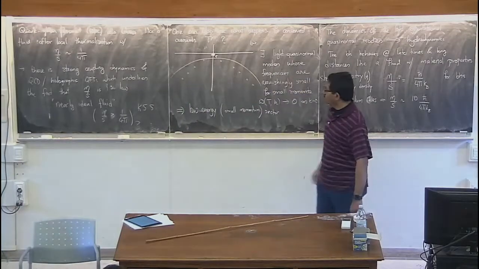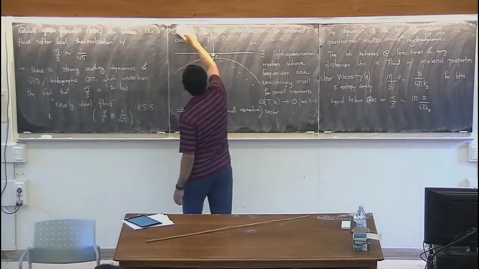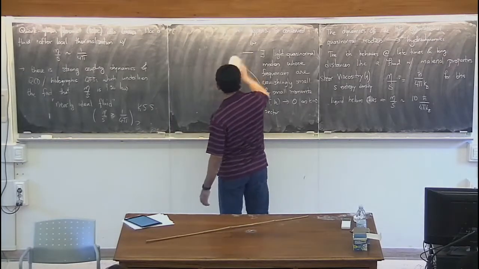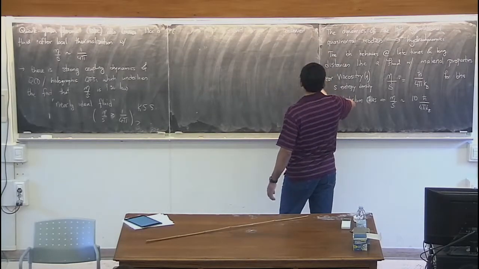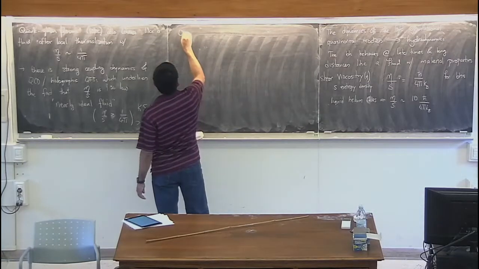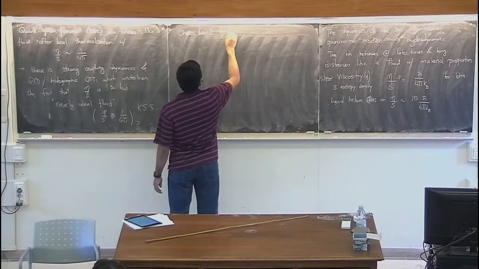In the same spirit, there's a much more interesting bound which has been discovered in the last half a year or so, which I will mention and then stop, which is these days called the chaos bound, or what I like to think of as a scrambling bound.